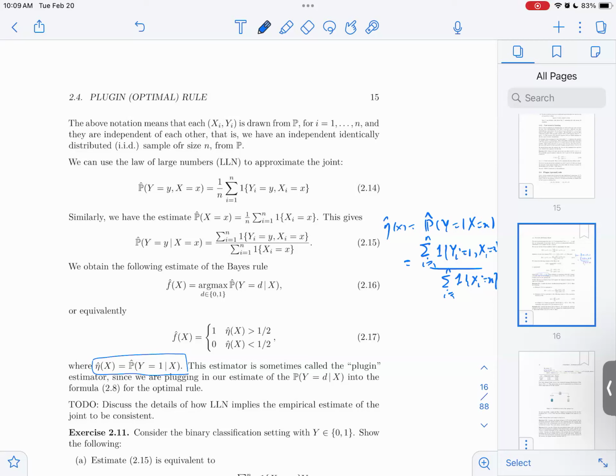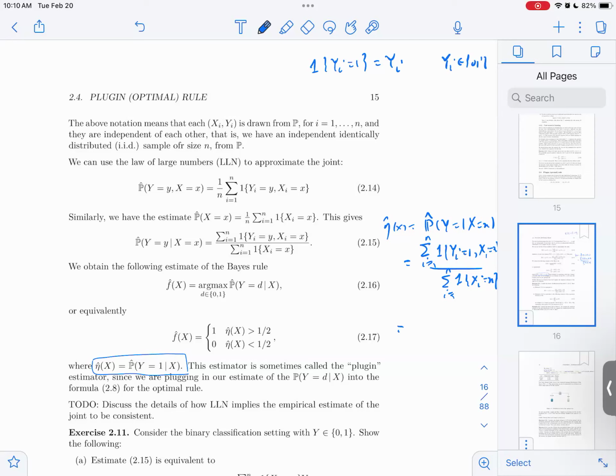But yi equal 1 is the same as just yi, if yi is either 0 or 1. So this indicator of yi equal 1 is really yi.